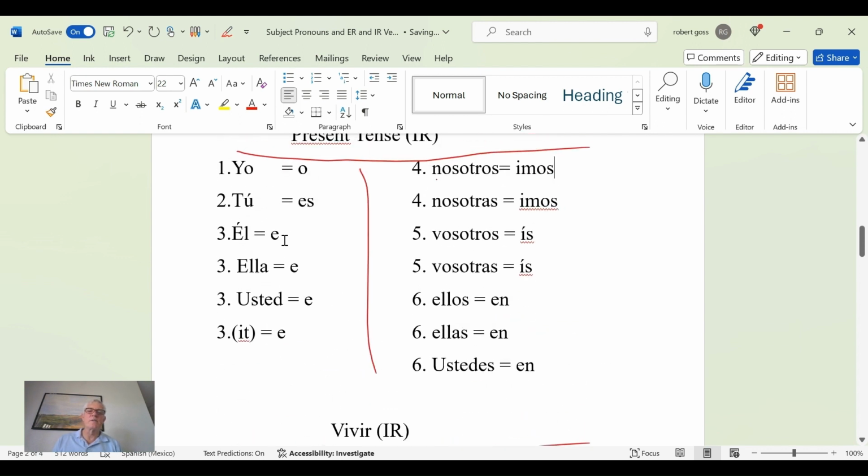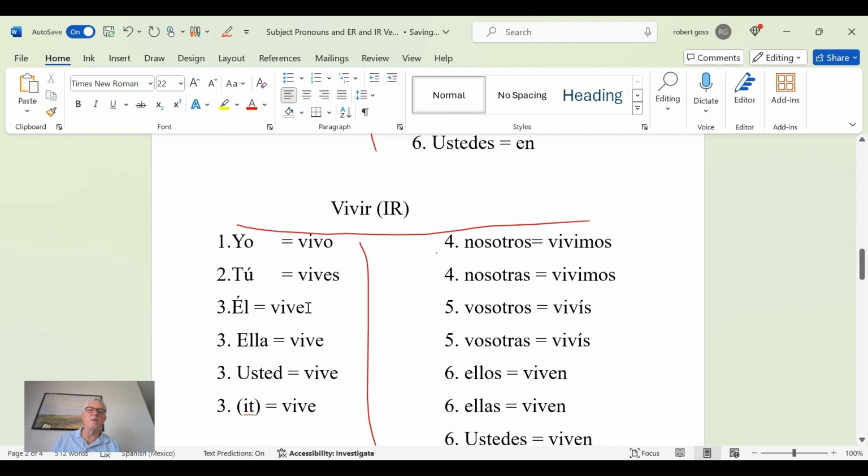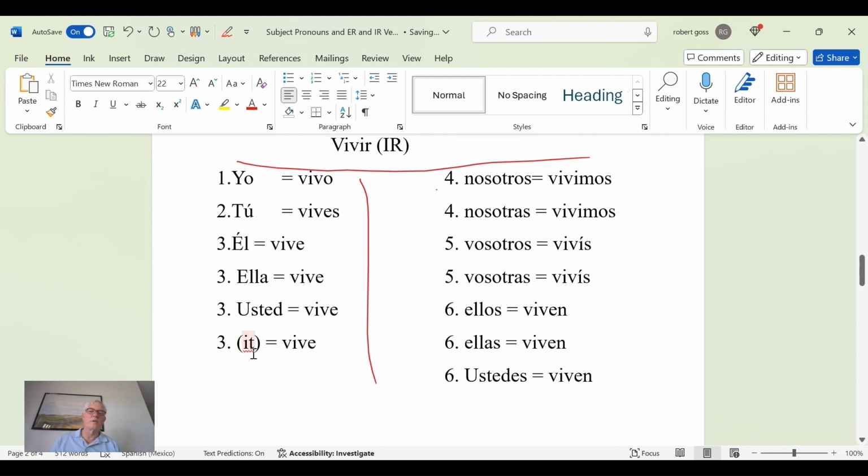He lives, she lives, usted you live, it lives. All of them are going to have the same ending, same word. It's going to end in an E. So he lives, él vive. She lives, ella vive. Usted, you formal live, usted vive. It lives. We don't say any word for it. We would just say vive.